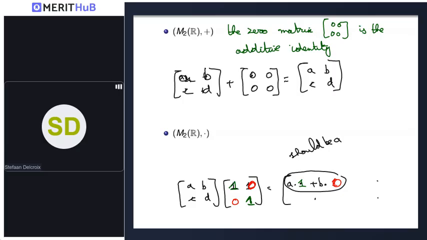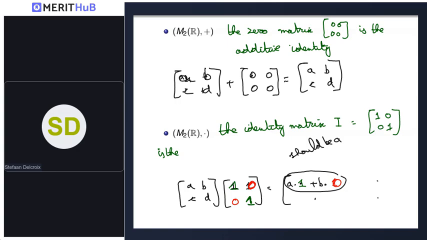What name did we give that? We call that the identity matrix. Why? Because it refers to this operation here. So I'm going to use the same name, the identity matrix, typically denoted by I, which is 1, 0, 0, 1, is the multiplicative identity.